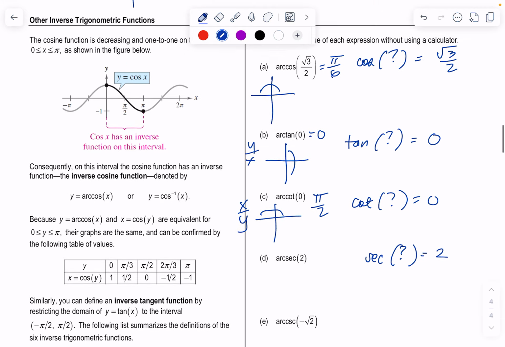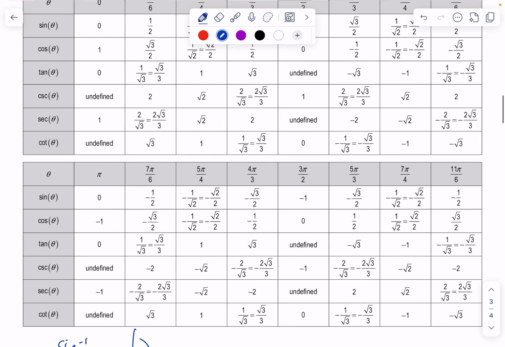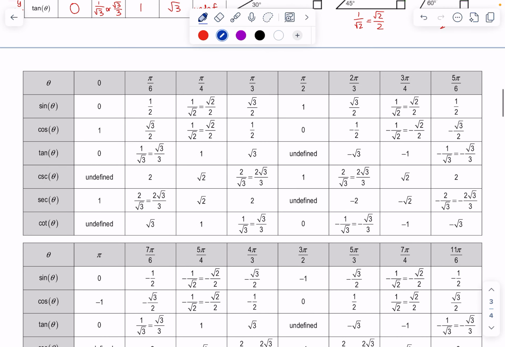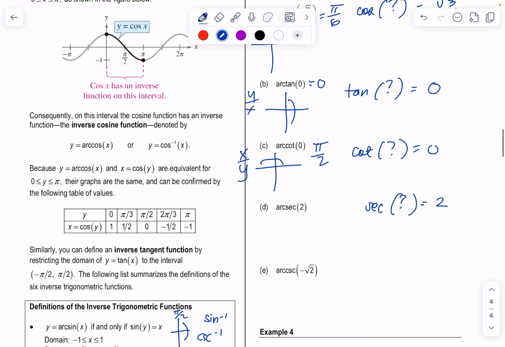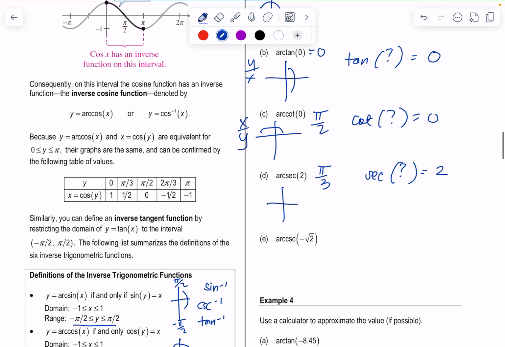Let's take a look at this one. Secant is right over here. 2 is pi over 3. So secant is pi over 3, and that is in the restriction for secant.